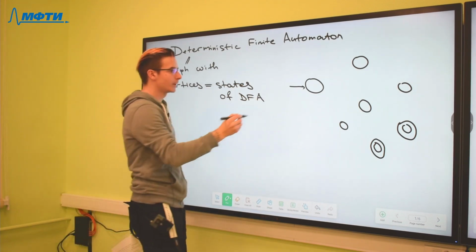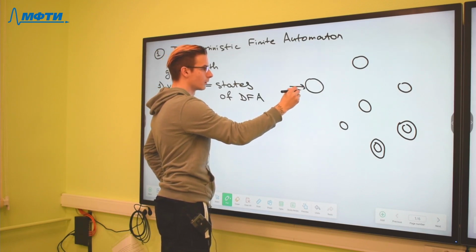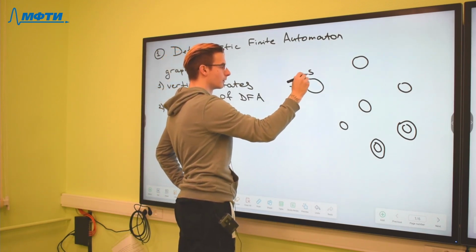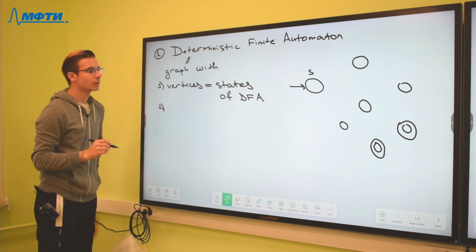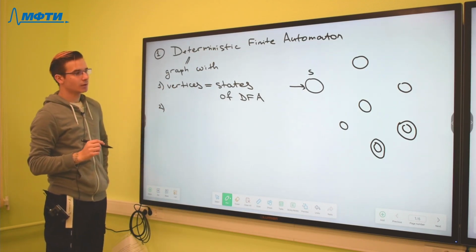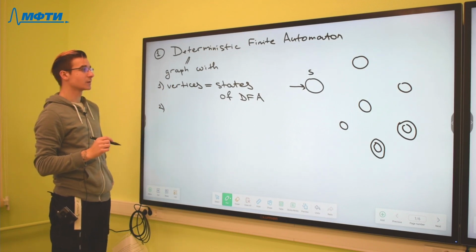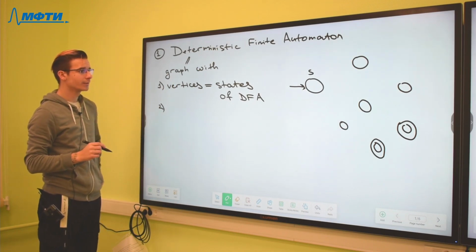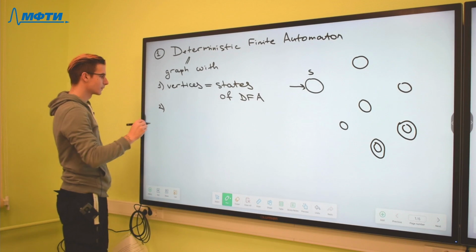We have one vertex that is distinguished from others and named the initial vertex, the initial state.